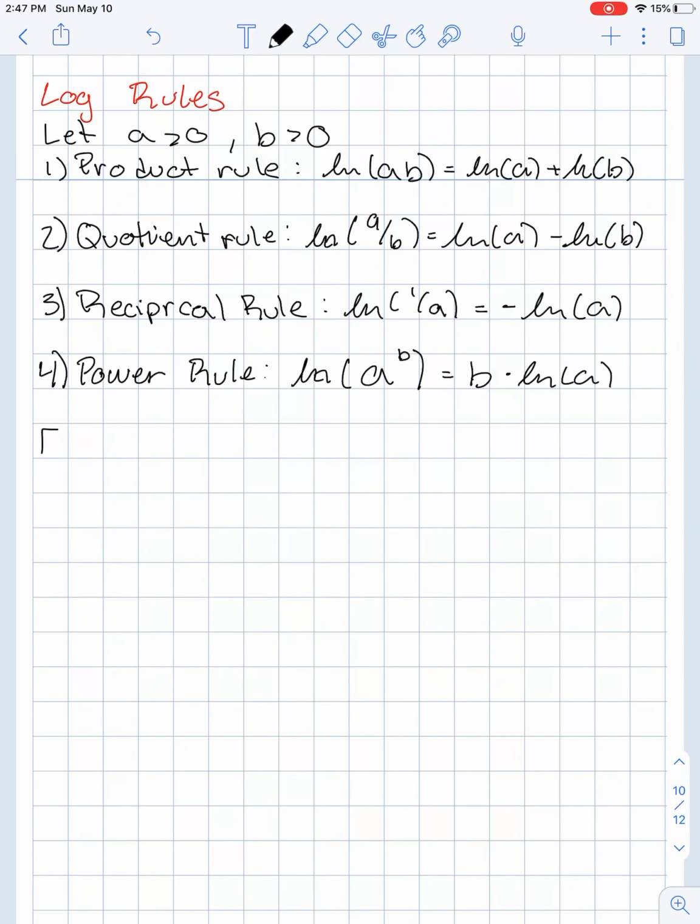So what are some cases where I can use these rules? We can use it for when we have ln of x plus 1 over 2x minus 3. How can I simplify that?